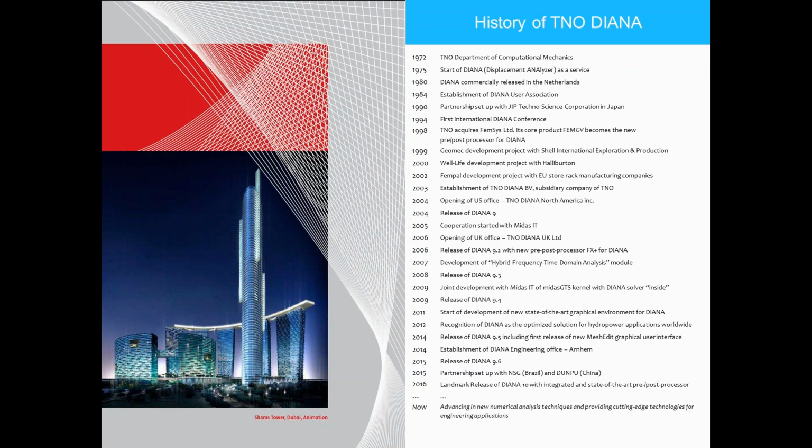The contribution and activity of our company, TNO DIANA, just kept developing. We had some strategic developments and product developments with big players like Halliburton and Shell, and indeed developing our market share and recognition of our name in Europe, US, and Asia.